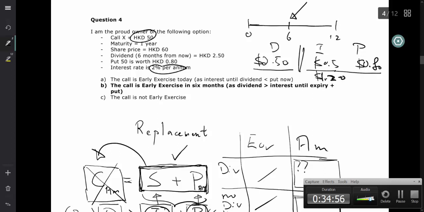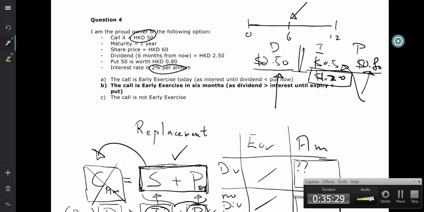You look at the actual benefit. If they were to exercise on you just immediately prior to the dividend payment, then the benefit is $2.50, and the cost is 50 cents on the interest, 80 cents on the put option, which means the counterparty who is long the call has a net gain of $1.20 per option.